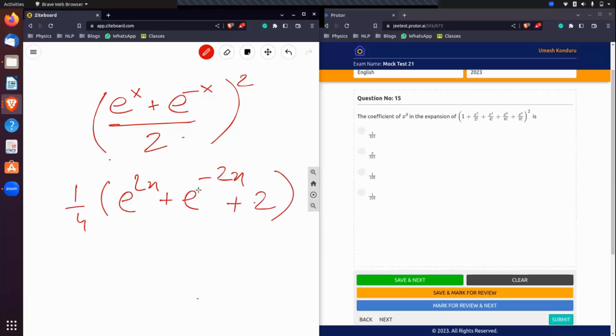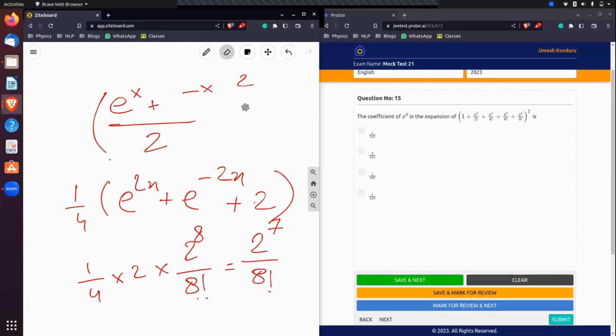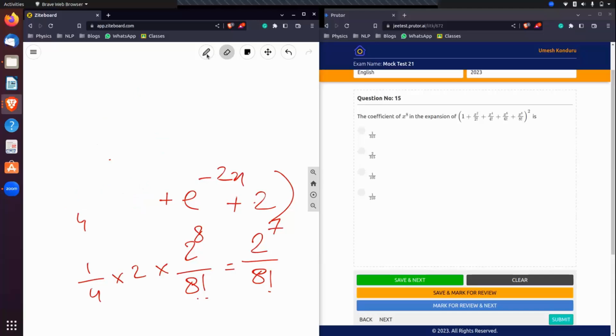The coefficient of x power 8 in both of these is going to be the same. You can multiply it with 2. It will be 2 power 8 by 8 factorial. Now it's just a matter of calculation. So I'll just break this up according to what terms you get in the factorial of it.